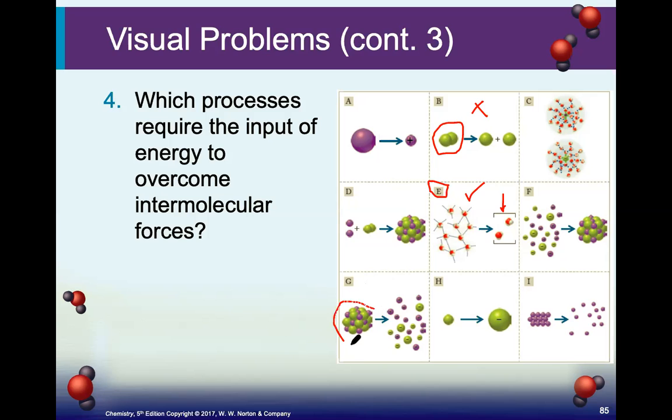What kind of substance is this, we said? Covalent or ionic? Ionic. And so to be able to break the particles apart, you are overcoming electrostatic forces. Will those be intermolecular?